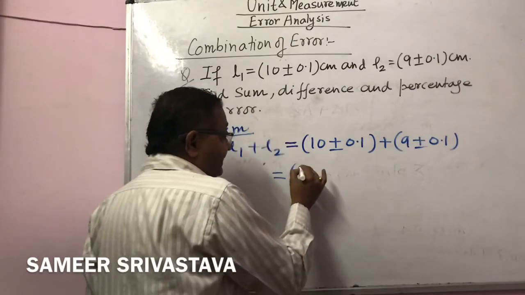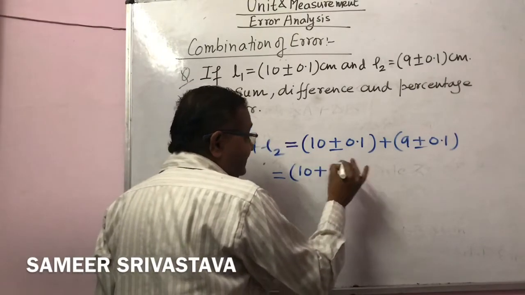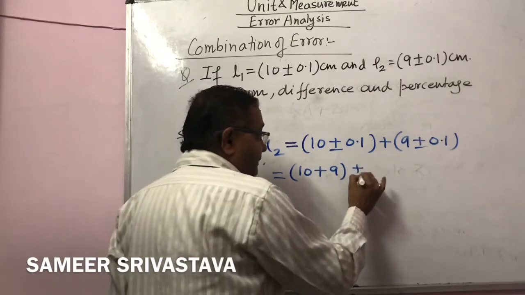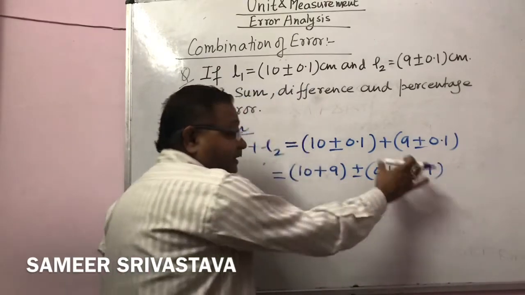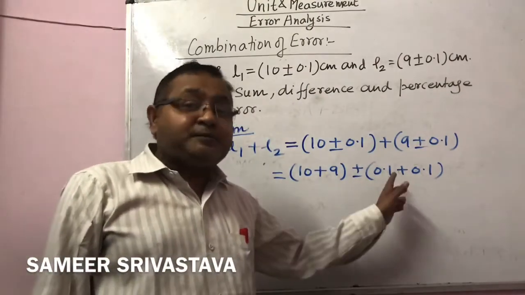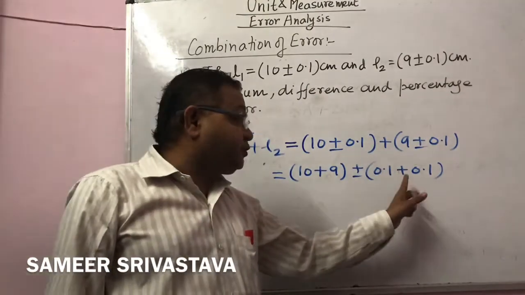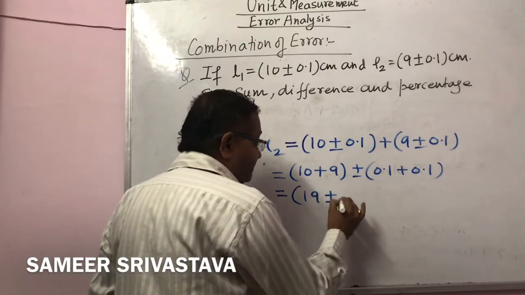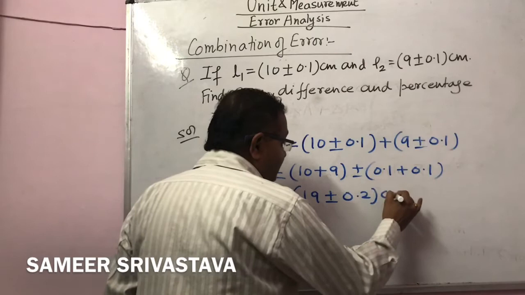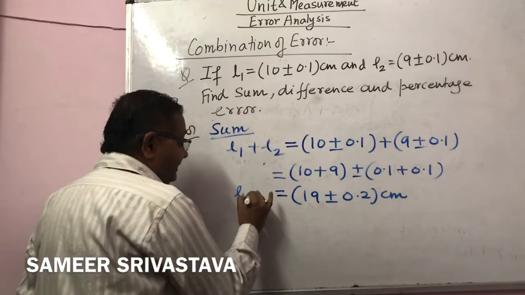So here I am taking addition, so we can write 10 plus 9 plus minus 0.1 plus 0.1, because here in the case of error we always take maximum possible error. So we always use the addition. Now finally the summation we can write 19 plus minus 0.2 centimeter. This is the addition sum.